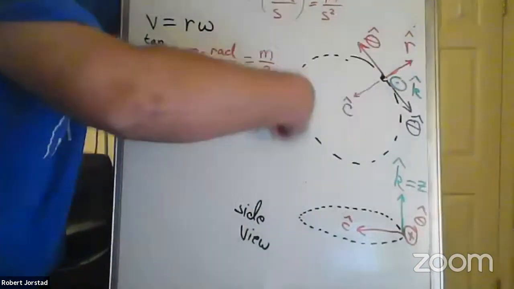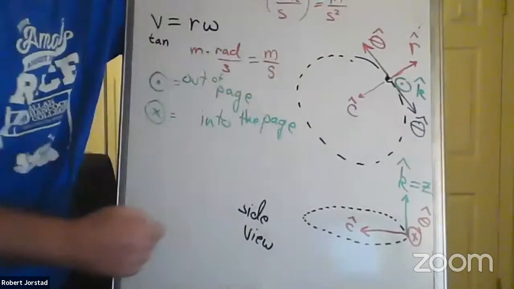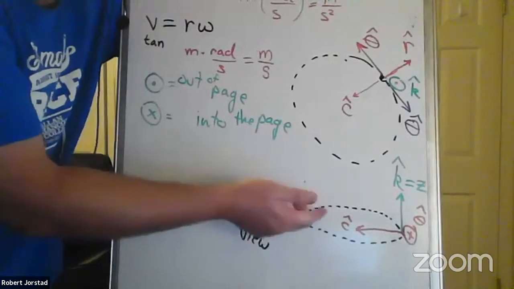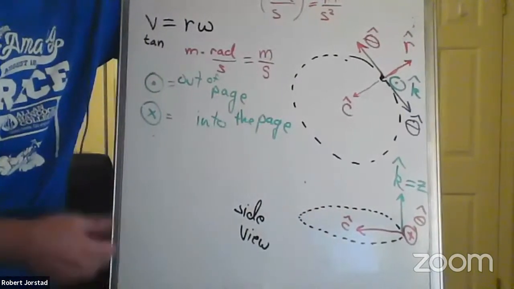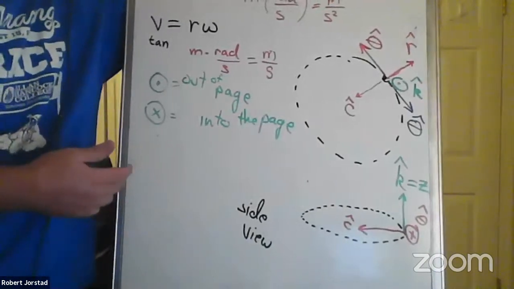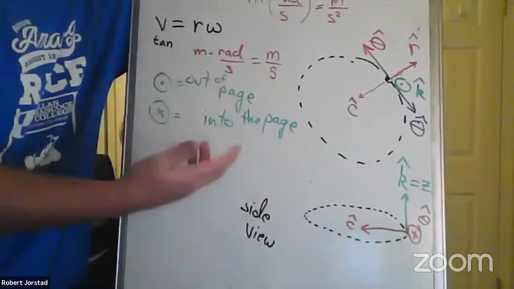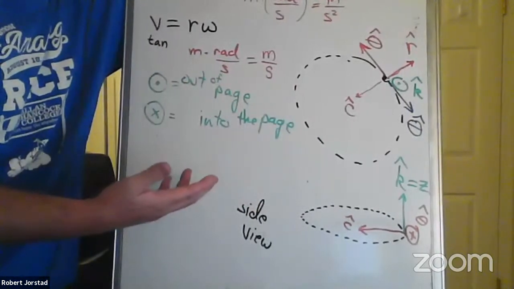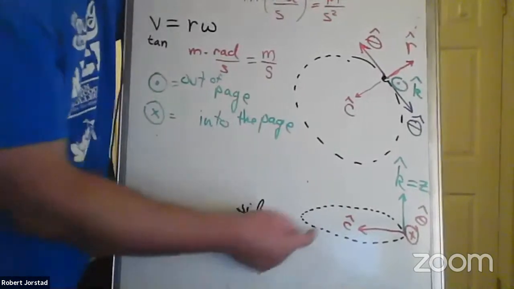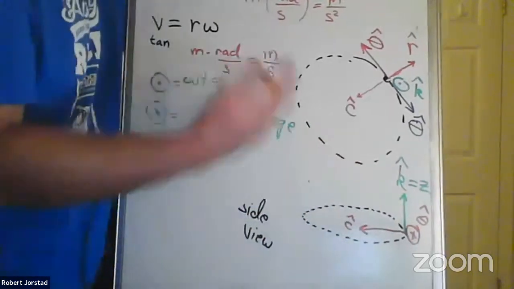Now, in circular motion problems, here's the deal. Usually one viewpoint, say the top view, is great for seeing the circle. But a side view is sometimes better for drawing an FBD. And so one of the things we have to do in this chapter that we didn't have to do sometimes before is draw multiple pictures to get a good feeling for what's going on in the problem. All right. And sometimes you're going to see things labeled with C hat, sometimes labeled with Z, sometimes theta hat, sometimes R hat.